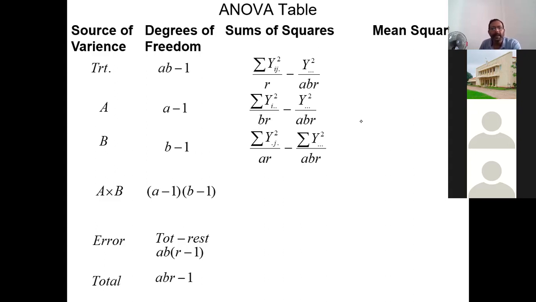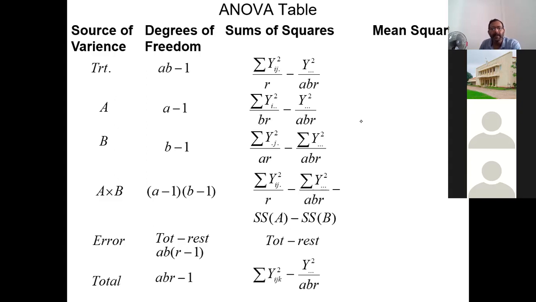We will do an in-class example. The interaction effect comes from treatment minus A minus B. The total effect we write as summation of Yijk square minus the correction factor.